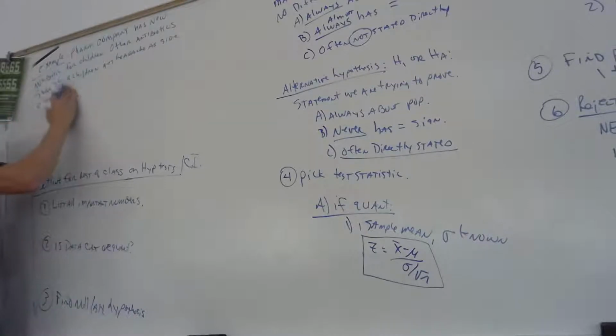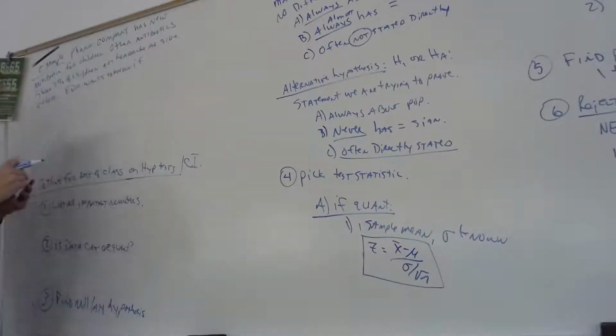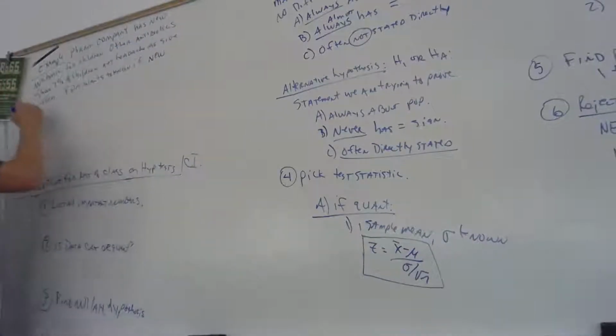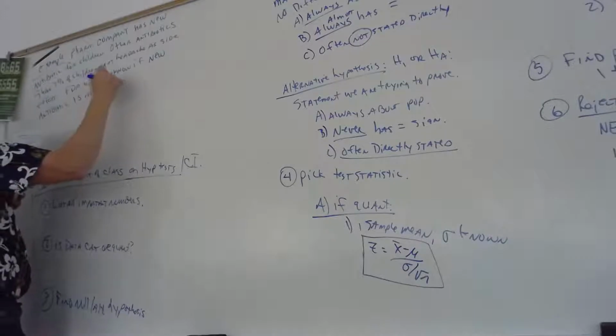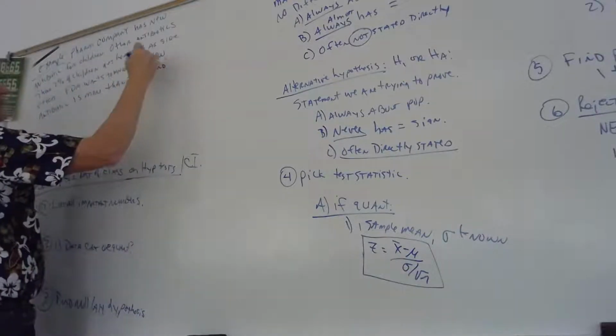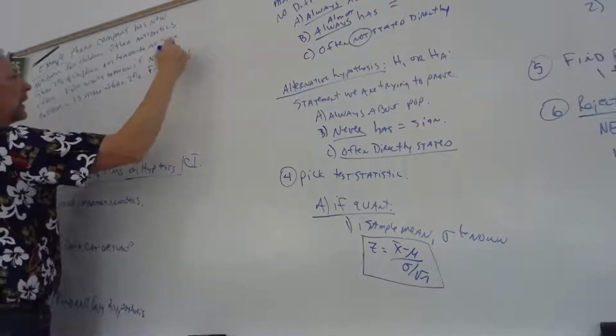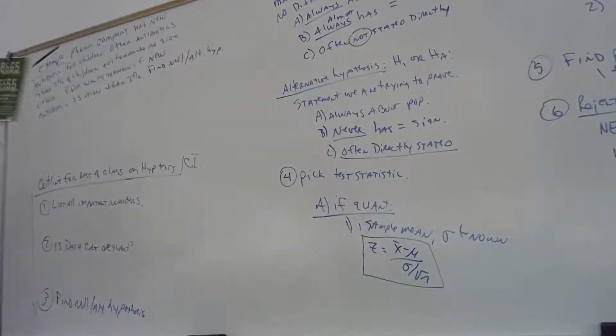The FDA wants to know if the new antibiotic is more than 2%. Find the null and the alternative hypothesis. Okay? So there's not enough information to actually solve this.